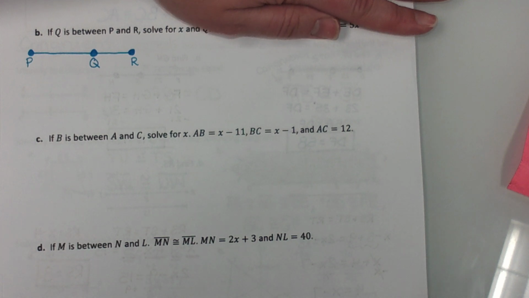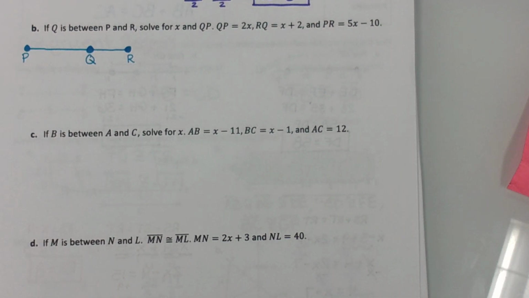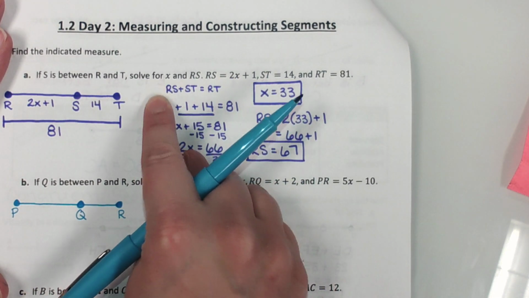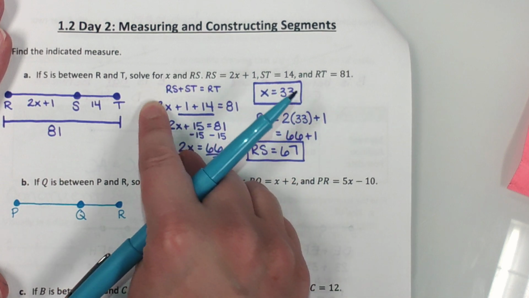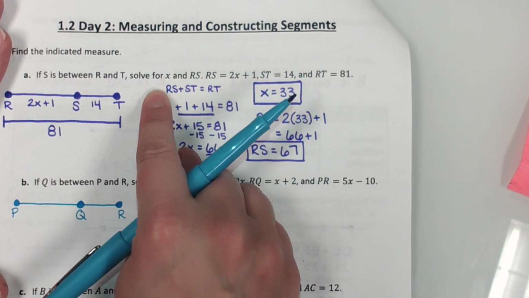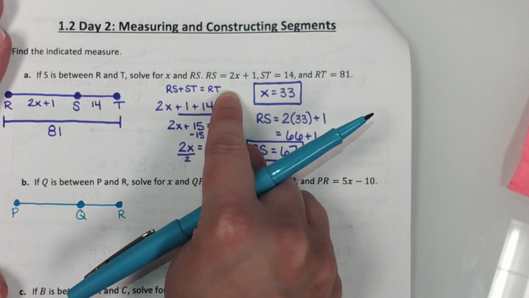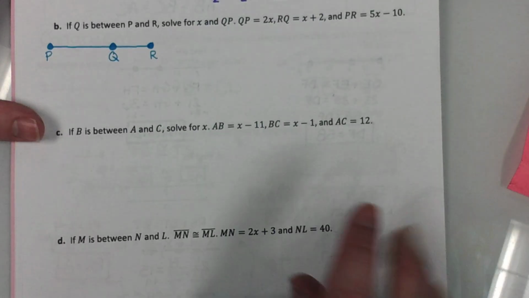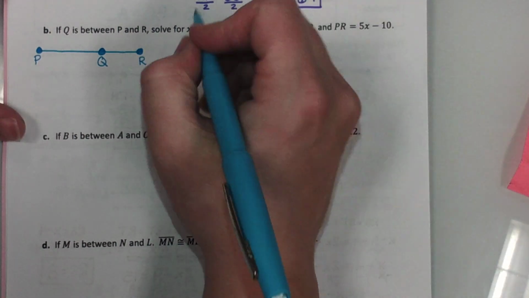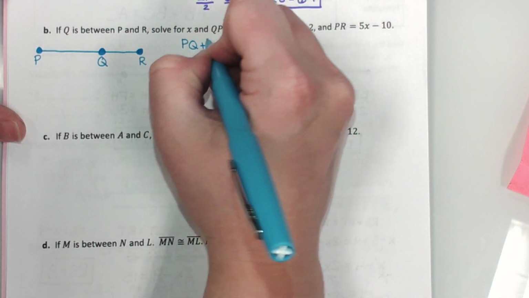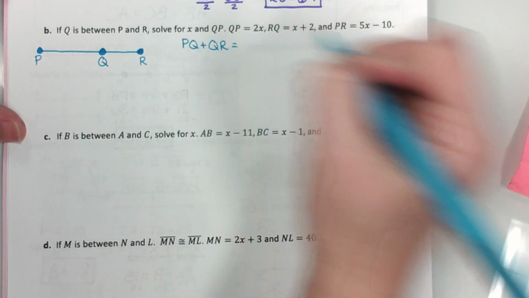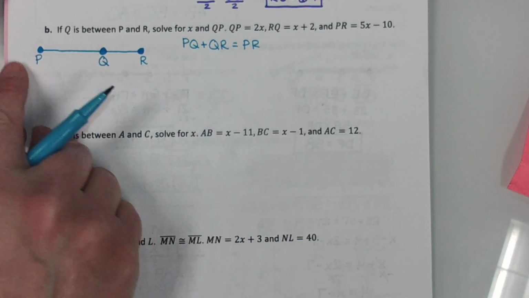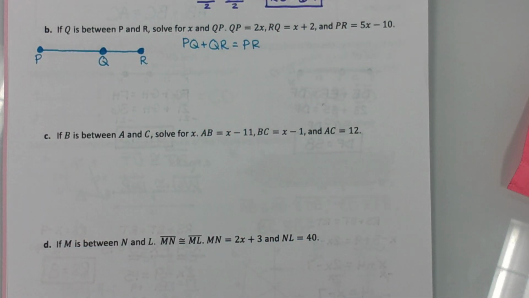Essentially I'm asking, what is the lettery version of the equation for this picture? PQ plus QR is equal to PR. Part plus part is the whole thing across.